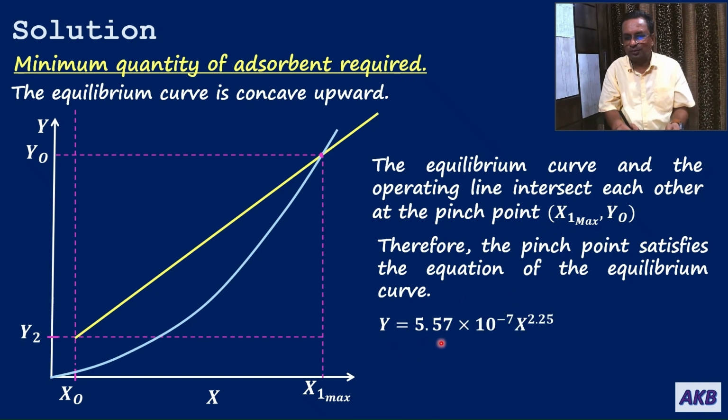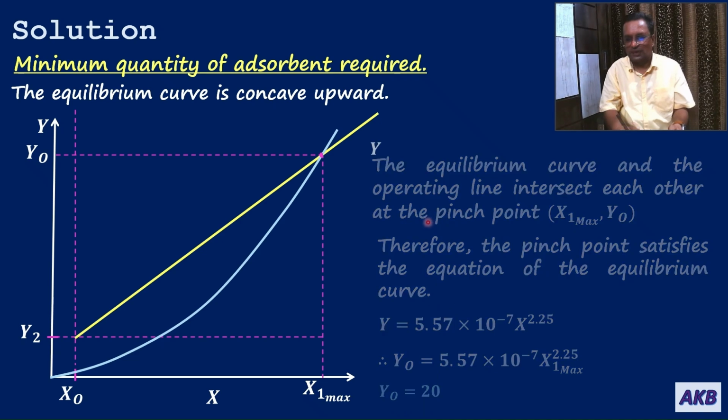Y is equal to 5.57 into 10 to the power minus 7 x raised to 2.25. So y0 is equal to 5.57 into 10 to the power minus 7 into x1 max raised to 2.25. y0 is known to us, so you can get x1 max, and once x1 max is obtained, you can find the minimum quantity of adsorbent that is required.